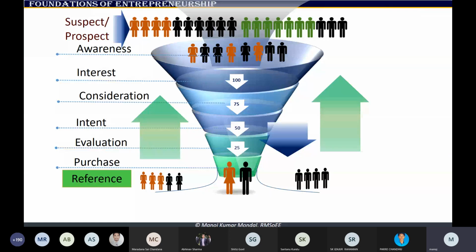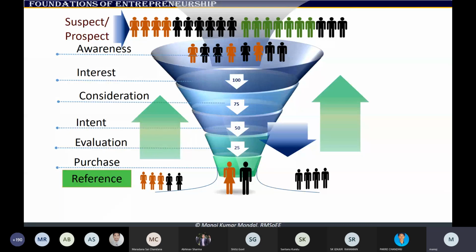Then they express their intent; they don't buy immediately, but they collect information and evaluate. They see how many people have given feedback, how many are 4-star, 5-star, 2-star, 1-star. They do the evaluation and eventually purchase when satisfied.